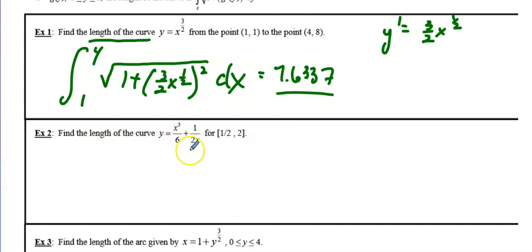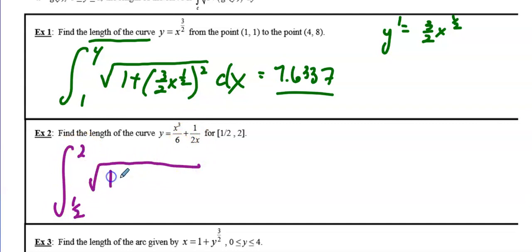So if I ask you to find the arc length of this next function, you're going to integrate from 1/2 to 2. You're going to write the square root of 1 plus, and all we need to do now is find the derivative. The derivative of this is going to be 3/6 x squared, which is 1/2 x squared. And then this is really 1/2 x to the -1, right?